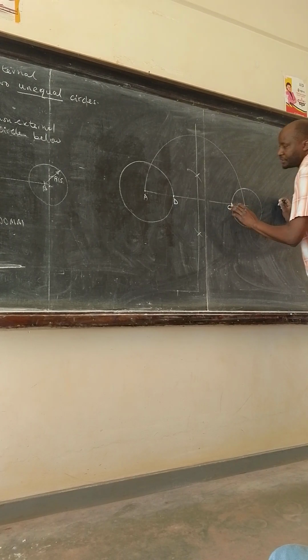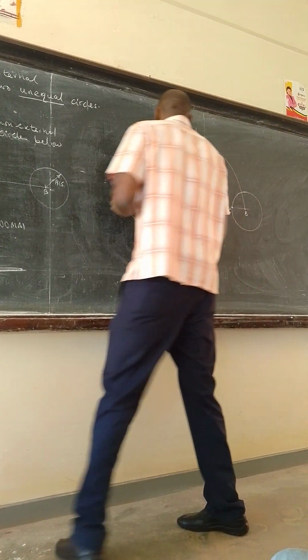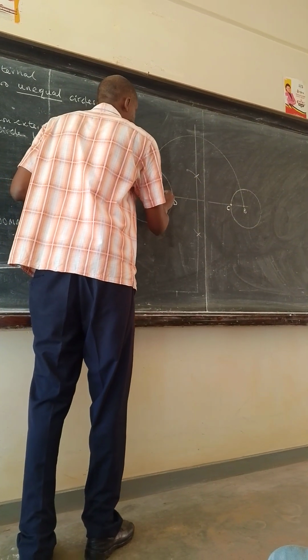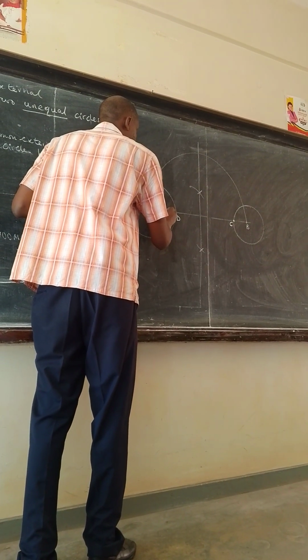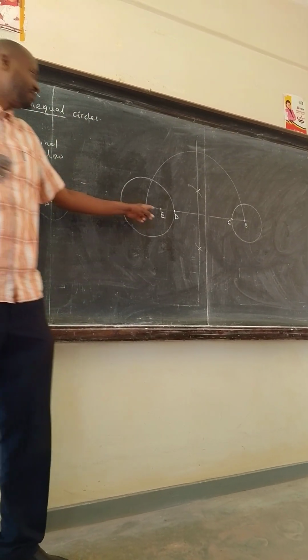These 2 points which I've just named normally help us to get another point called E. So I will suggest 2 ways of getting this point E.